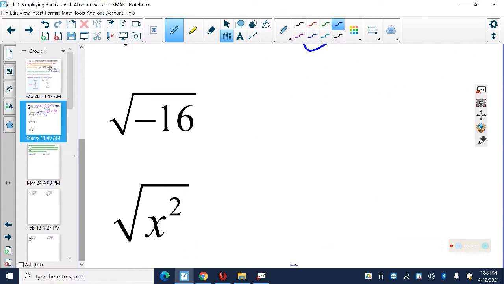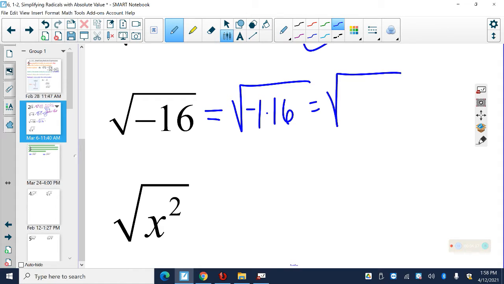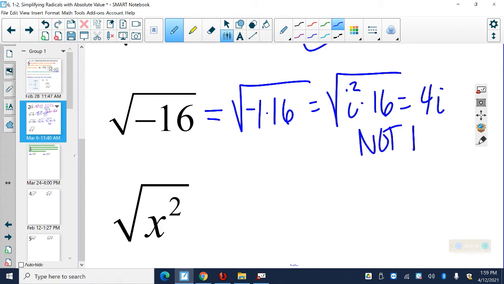Okay, the square root of negative 16. The square root of negative 16, we already know that's negative 1 times 16, which we know negative 1 is i squared, which is going to be 4i. So what this means is it is not real.